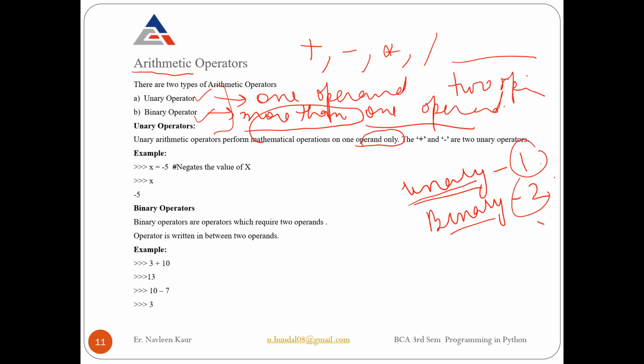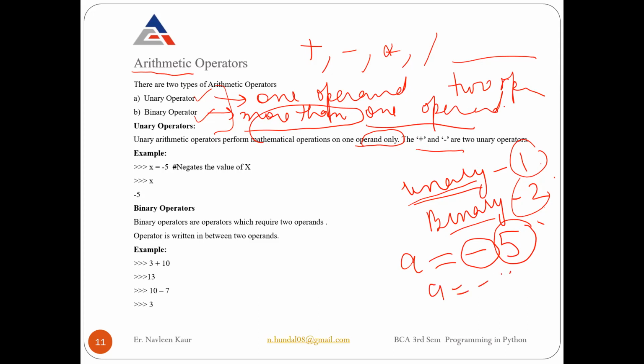Here is an example. The plus and minus both can be unary operators. How are they unary operators? If I write a equals minus 5, this is a unary minus operator because it needs only one data. What is it going to do with that data? It is going to change the sign of it. This 5 will become a negative value.